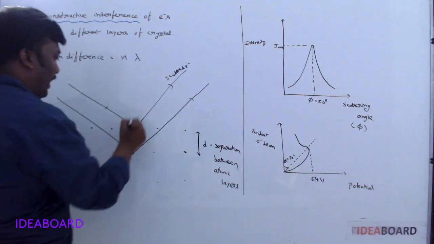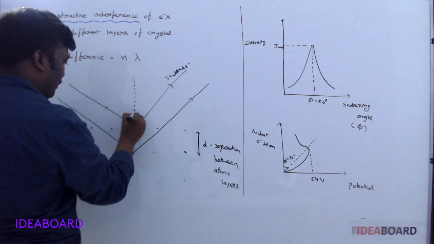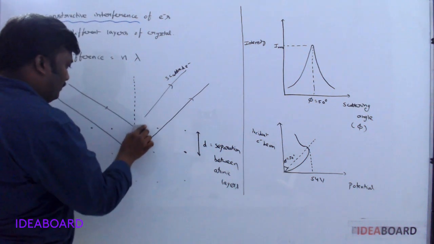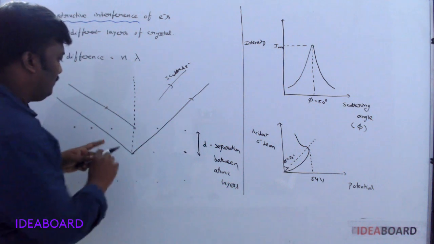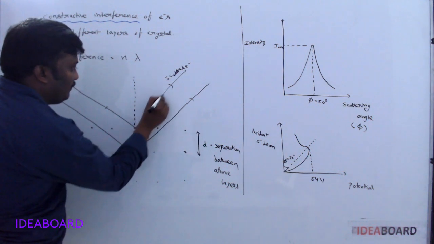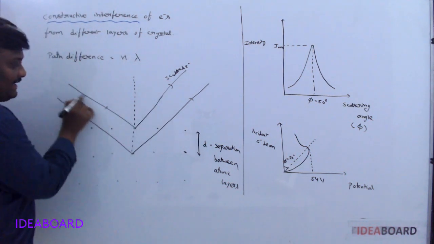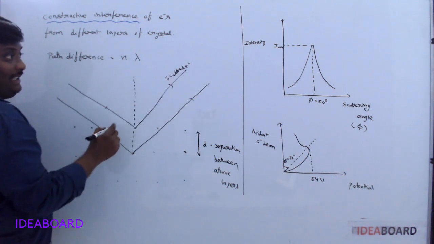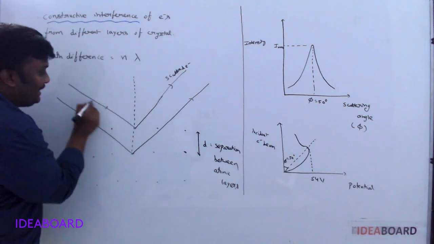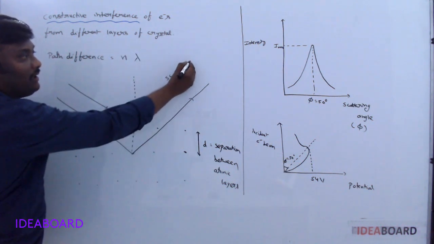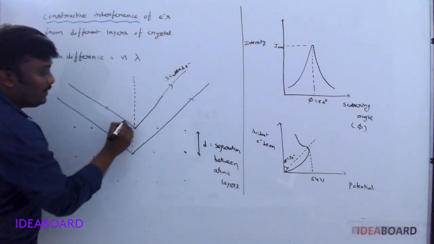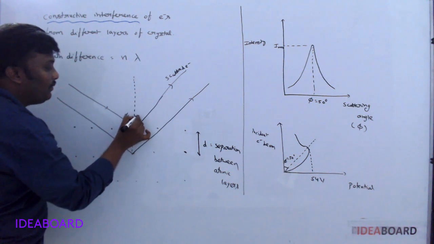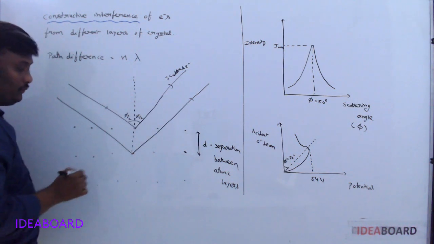Understand now? Now draw a normal here. Okay, these are the incident rays and these are the scattered rays. Now, what we said: a particular angle phi means the angle between the incident and the scattered electrons. So the total angle is phi, which means this angle becomes phi by 2 and this angle also phi by 2.